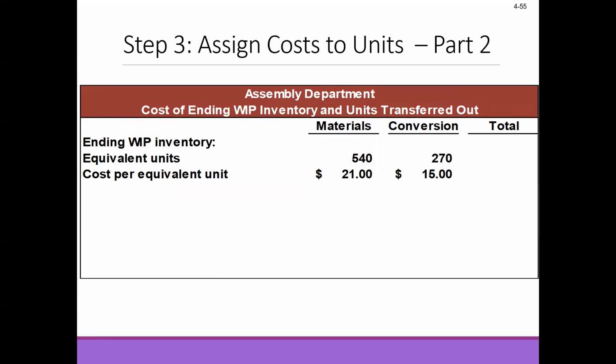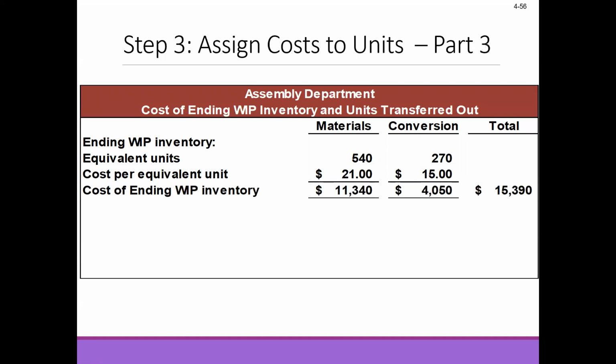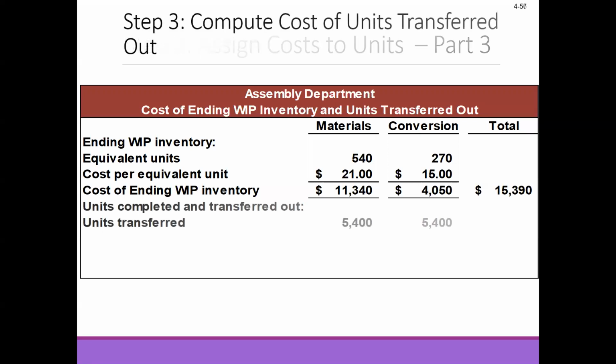We have our cost per equivalent units. And then we do our cost. We basically take our equivalent units times the cost to give us the price of the materials and the conversion at the ending work in process.